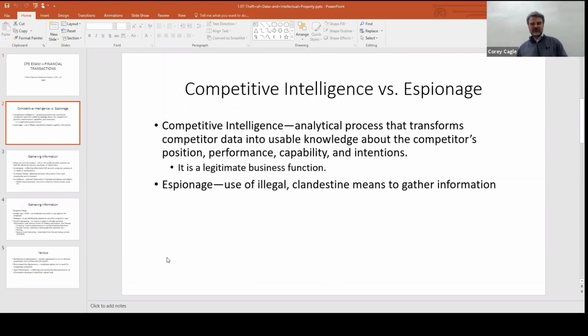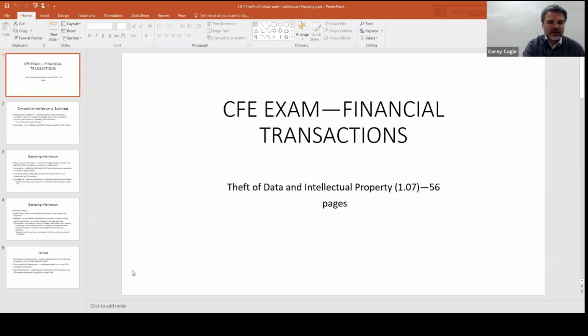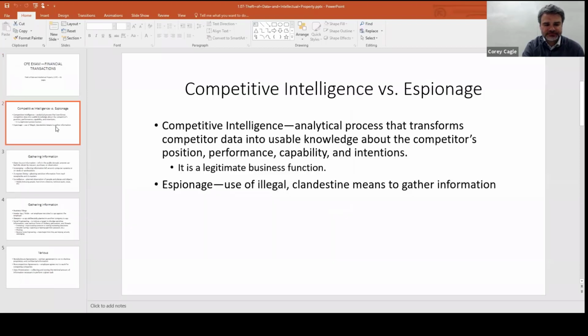Competitive intelligence versus espionage. So we've kind of shifted into a new segment of the chapter, or of the section here, away from these types of schemes and things. Now we're talking about people trying to steal data from you, or trying to steal ideas from you, trying to spy on you and see what you're up to and get in ahead of you after gathering that information.